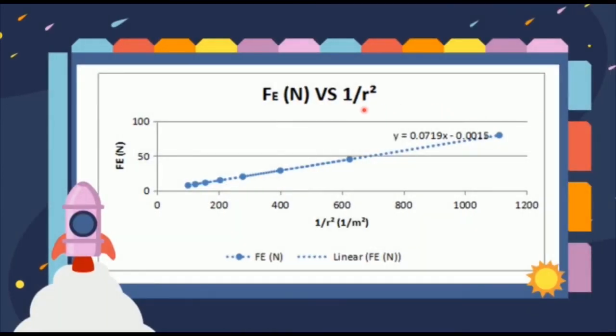Next, we have the graph of Fe against 1 over R square. As you can see here, it is clearly a linear graph. As 1 over R square increased, the Fe, the electrostatic force, also increased in effect.